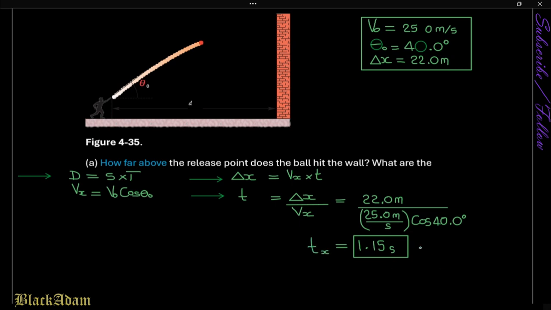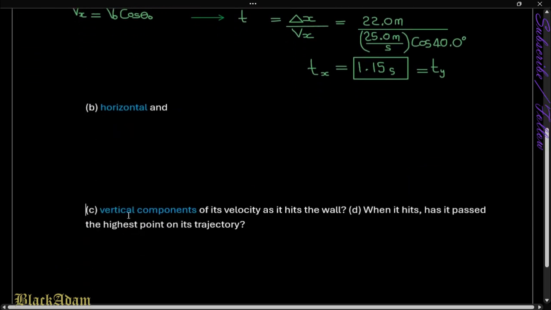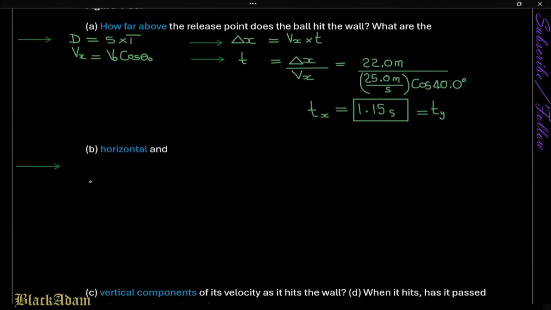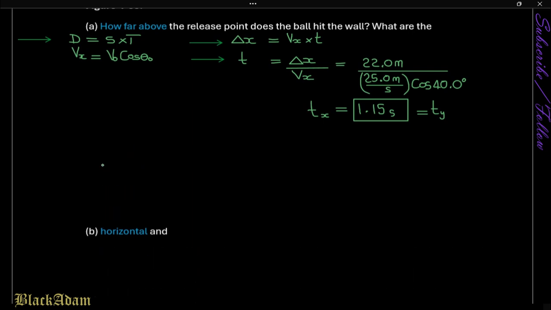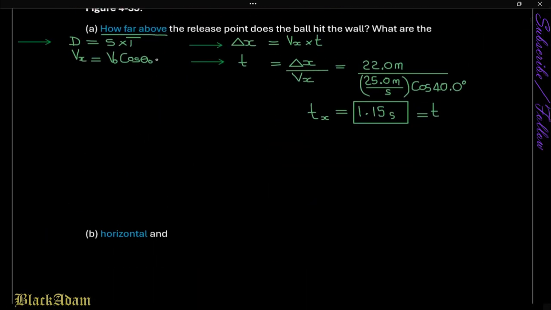That's the time it took to travel the horizontal distance, the time it took for the range. Coming back, we need to solve how far above it hit the wall.